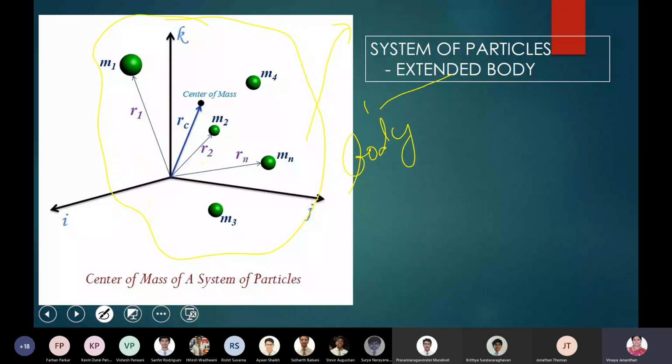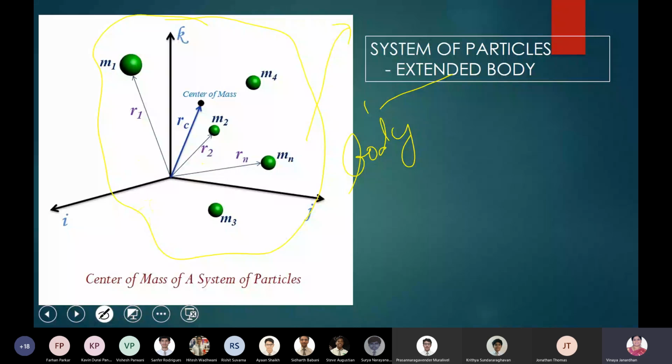An extended body will have a number of particles, each at a different position with respect to your origin. The origin is very important. What is an extended body? An extended body is a collection of point-sized particles or point-sized objects.